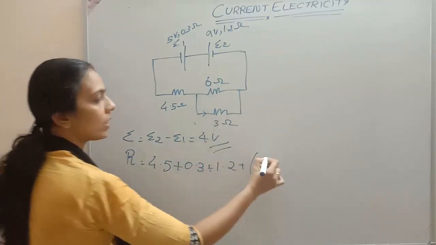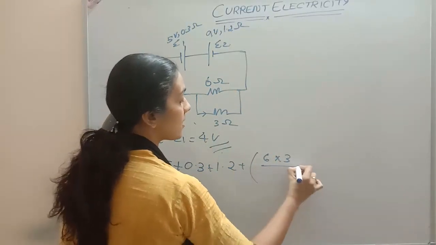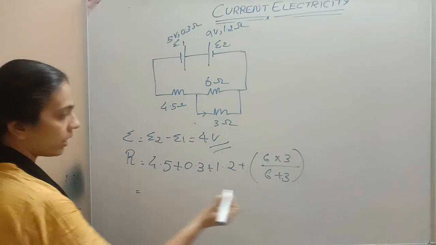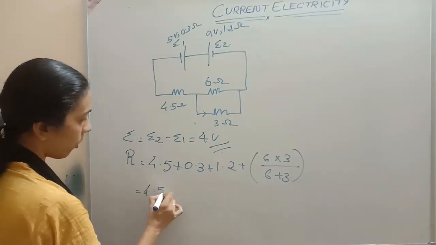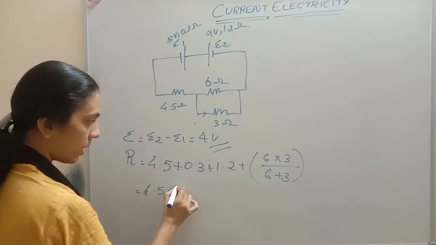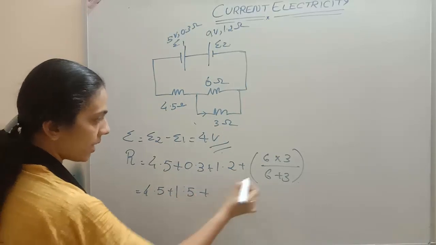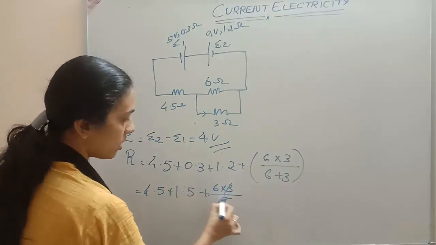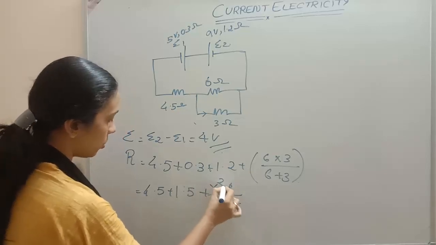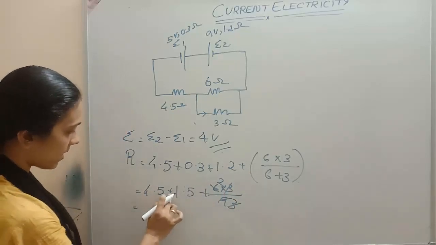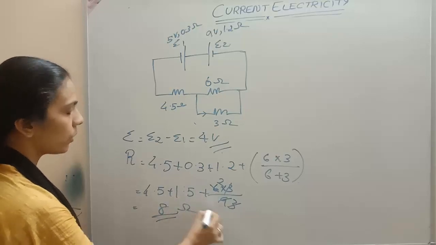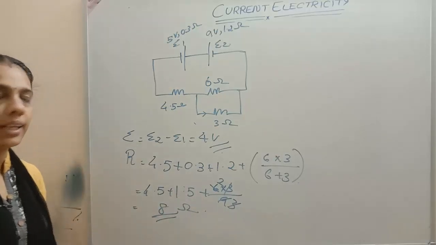What will be the effective resistance of the parallel part? 6 into 3 divided by 6 plus 3. So here we get 4.5 plus 1.5 plus 6 into 3 divided by 9, which is 3 and 2. So we get 6 plus 2, 8 ohm. Here the effective resistance we got is 8 ohm.